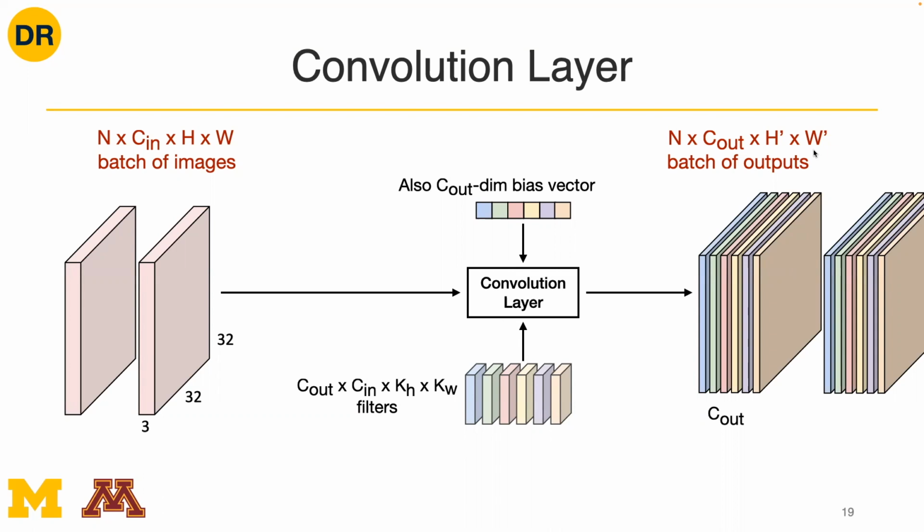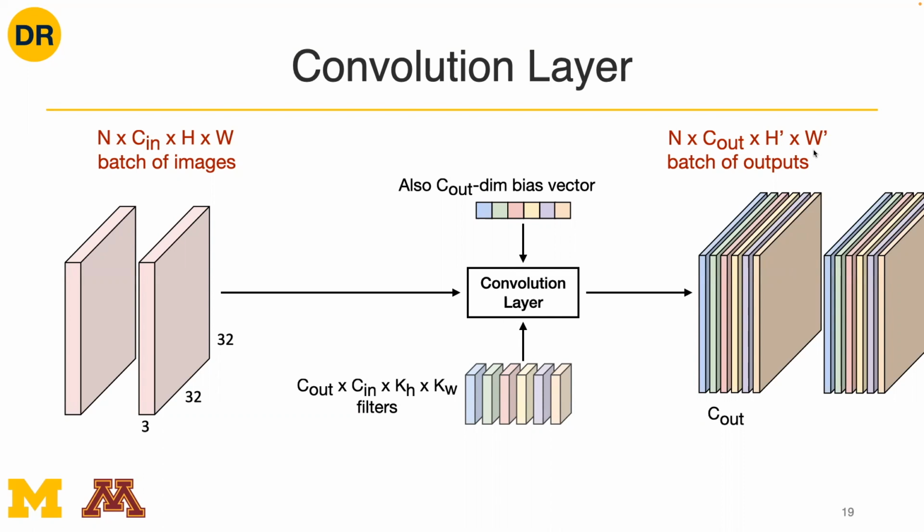And then we're going to have some height and width, but this could potentially be changed. Depending on the size of the filter, the constraint that your filter overlaps with a portion of the image will mean that you're potentially losing spatial dimensions as you apply these filters.